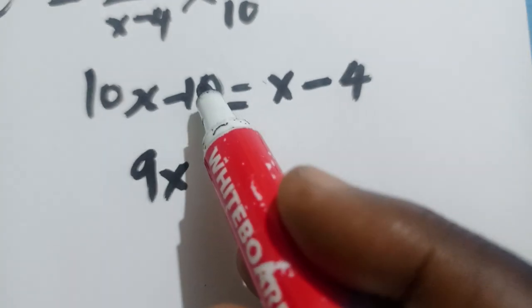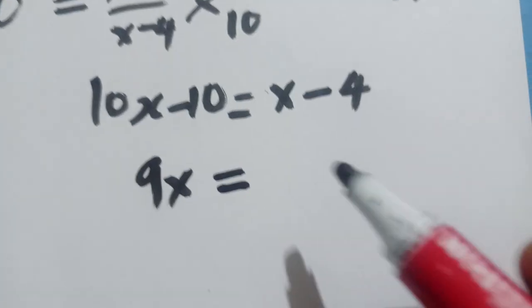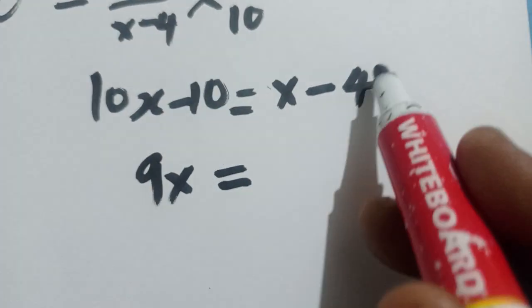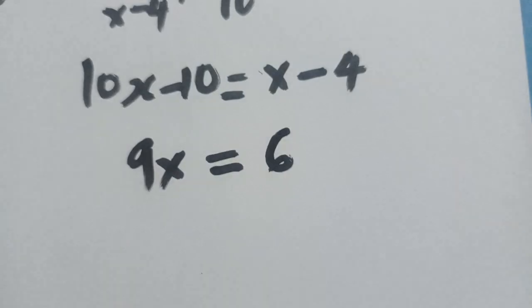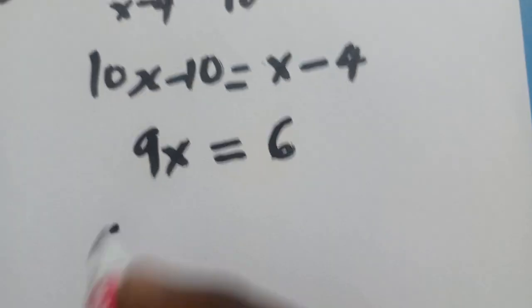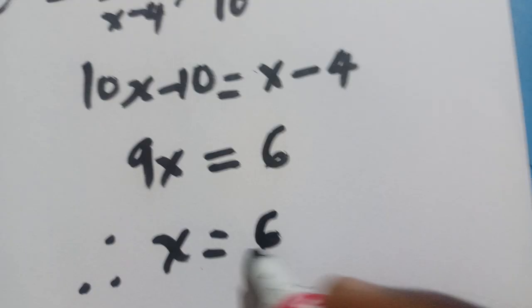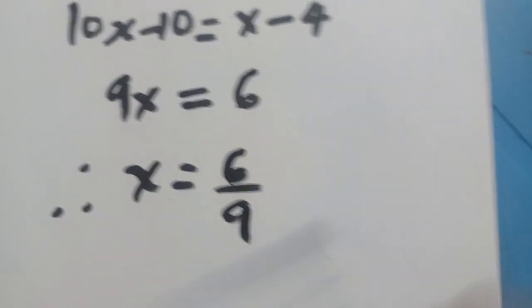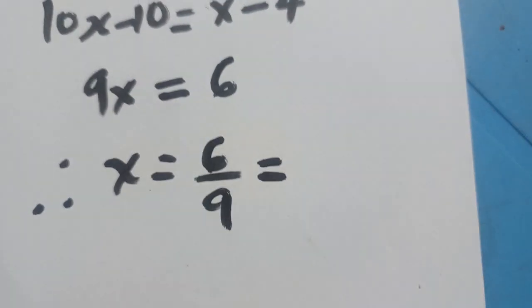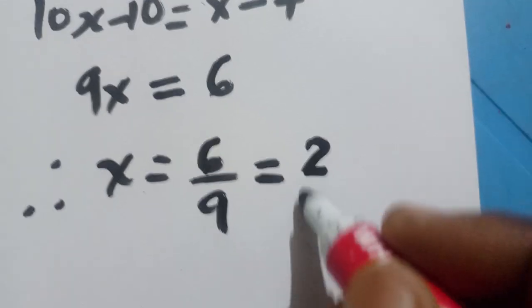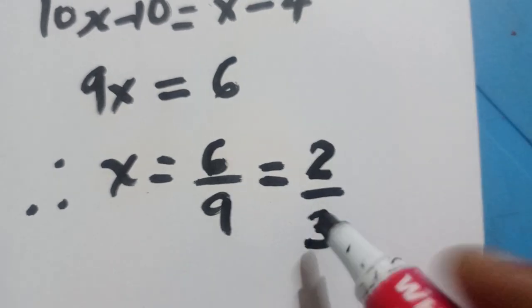And we take this 10 to the other side, it will be positive 10. Positive 10 minus 4 gives 6. Therefore, x is 6 over 9, and since we have to simplify our fraction, this becomes 2 over 3.